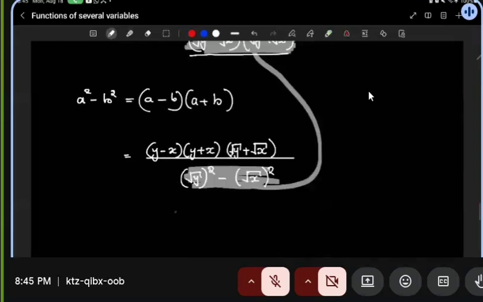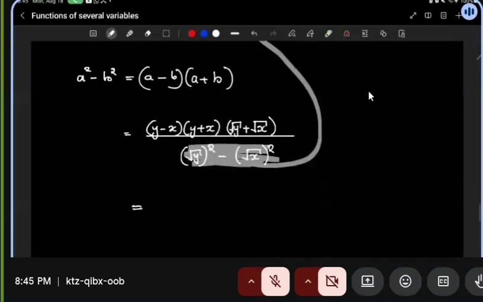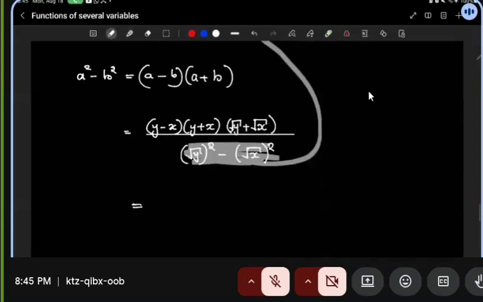When I evaluate the squares in the denominator, notice that the square roots would disappear. So that now I have y minus x, y plus x, and then here I'll still have root y plus root x, and then in the denominator, I'll only have y minus x.